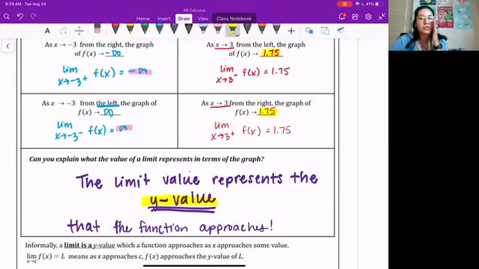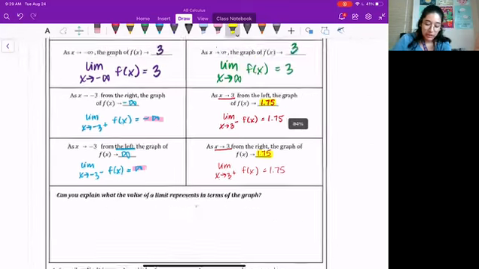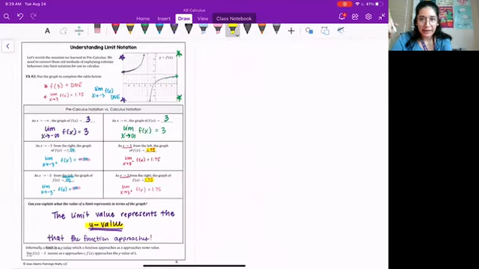Okay, so anytime you are solving for a limit, especially when you're looking at the graph, I mean, anytime, but mostly when you're looking at the graph, you want to remember your limit value, your answer to your limit should always be the y value that you're approaching.